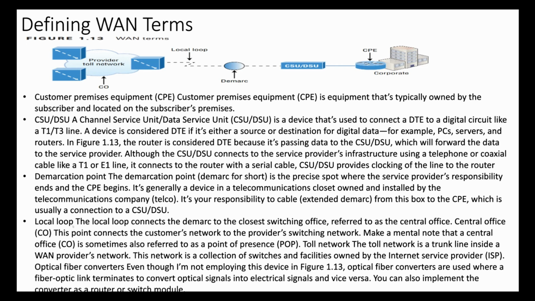And let's talk about local loop. The local loop connects the DEMARC to the closest switching office. This DEMARC is obviously connected to the closest service provider. That particular point is called the local loop. Let's say Bharti Airtel provided network to many people in India.